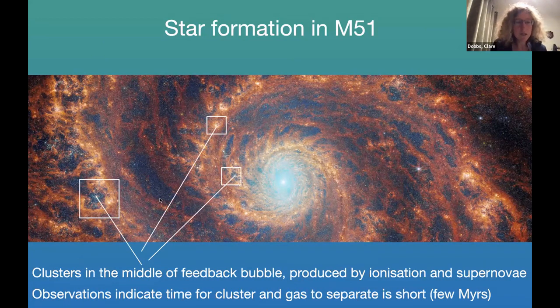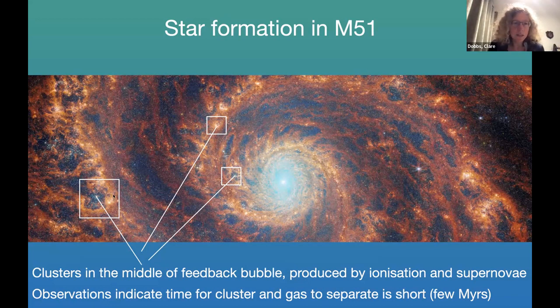In some places you can see the structure, and we're seeing this a lot with JWST, and we see it in the HST images as well. You see clusters, and then around them you see these bubbles or shells, and all these bright regions where the gas is being irradiated. This is a pretty big one, but you can see smaller ones as well.